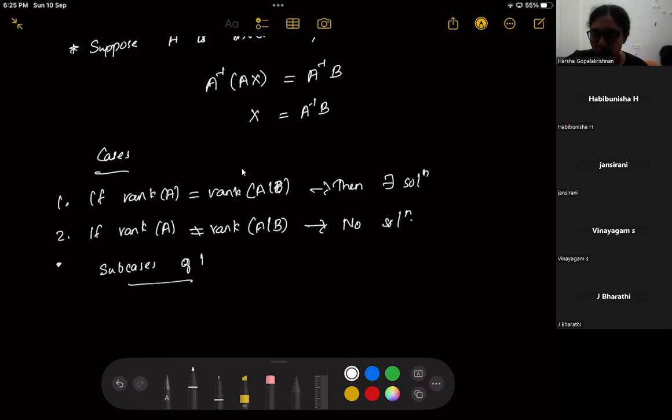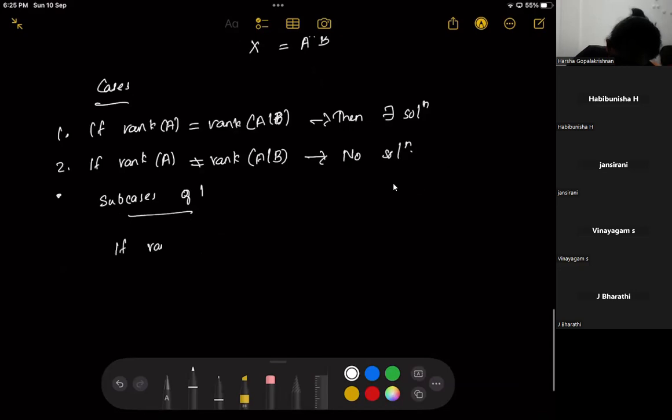And this matrix is called the augmented matrix. If rank of A and rank of A|B are equal, then a solution exists. And if the ranks are not equal, then there does not exist any solution. Okay. Now, in the first case, we can ask the question whether the existing solution is unique or not.